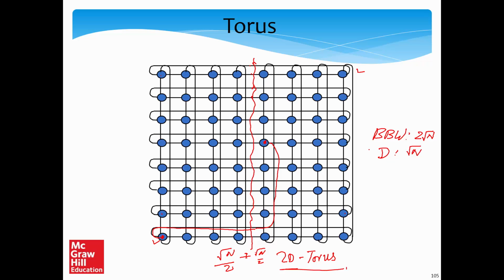So what has happened is the diameter has become halved and the bisection bandwidth has doubled as compared to a simple mesh. So torus in that sense is a much better interconnect. Of course, we are using far more wires, but in terms of the basic properties, which are the bisection bandwidth and the diameter, a torus does much better because its diameter is half of that of a mesh and its bisection bandwidth is twice.